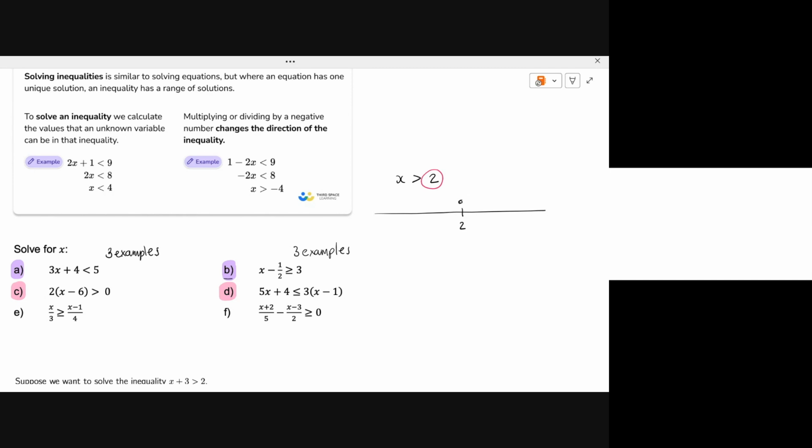But now, if I say to you guys that x is greater than, and if I add a little line at the bottom like that, that line means greater than or equal. Now, if it's greater than or equal, that means x can also equal 2. That means I must include 2. So I can't draw an open dot because 2 is included. I'm going to close my dot to show that 2 is also included.